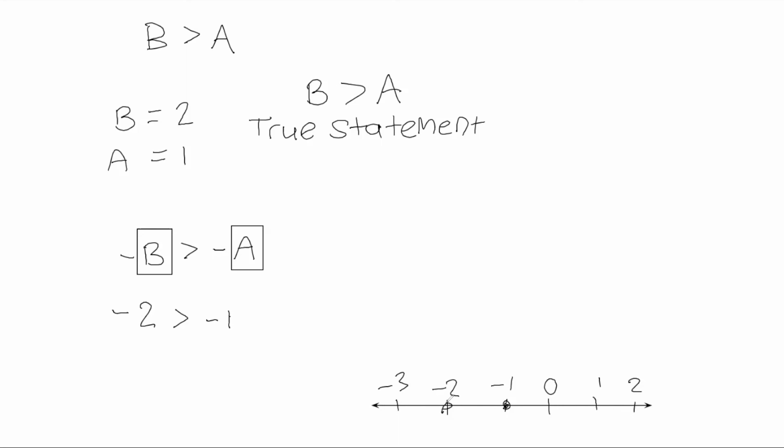We can see by the number line that this is false. Negative 1 is greater than negative 2. So this is false. Negative B greater than negative A is a false statement.